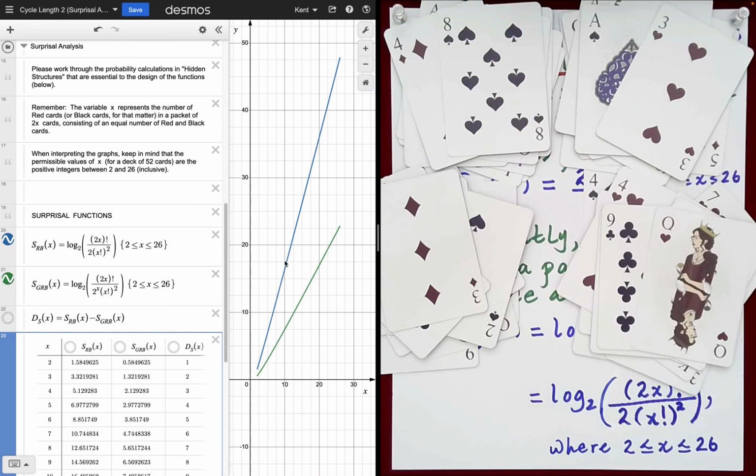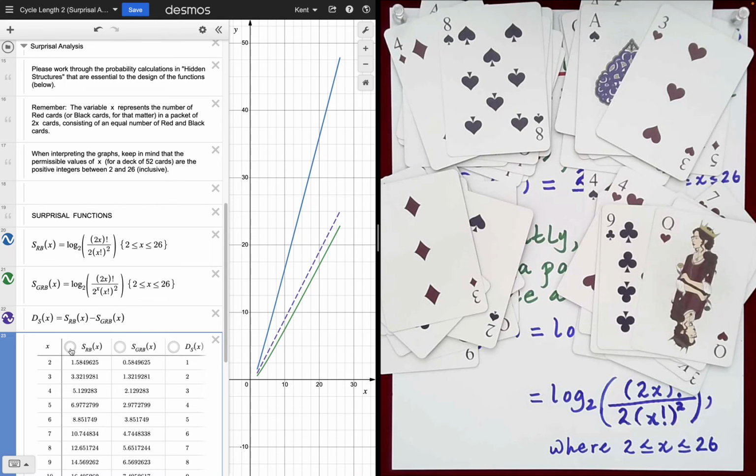So the blue one is for the original perfectly alternating color packet, and the green one is for the Gilbreath shuffled packet that has that special property that, taken as pairs, each pair consists of exactly one red and one black. You'll never get two blacks, or you'll never get two reds. You'll always get one of each if you take off pairs starting from the top. And then I also have here the difference in Surprisal values. So it's just showing you the difference in the Surprisal values between these two Surprisal functions.